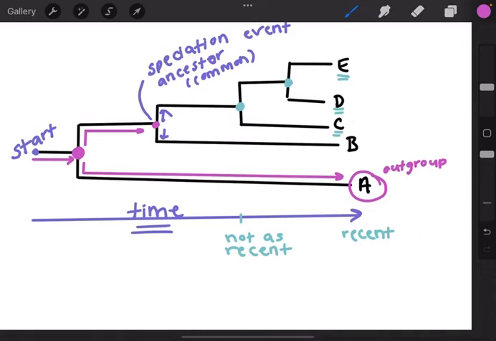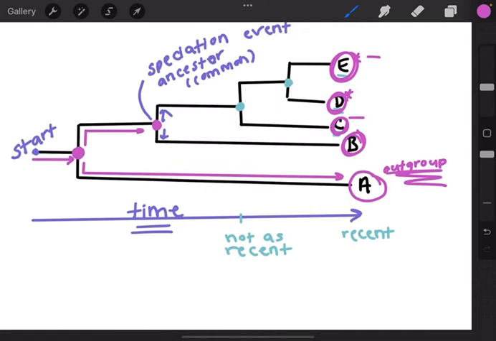So if we wanted to compare relatedness again, like we were doing before, and we were able to determine that E and D were more closely related than E and C, we can also say that in respect to the outgroup, E, D, C, and B are all equally related to the outgroup.